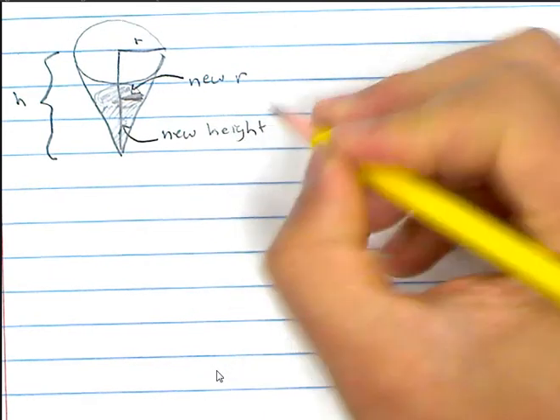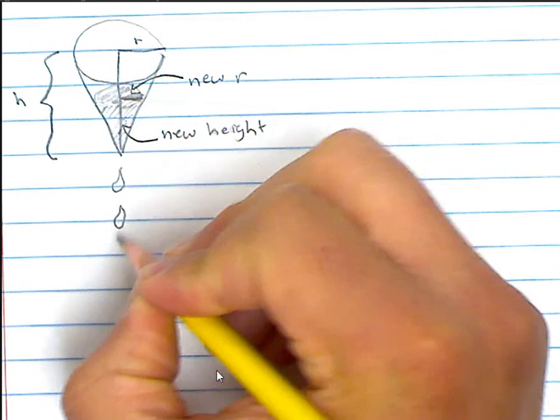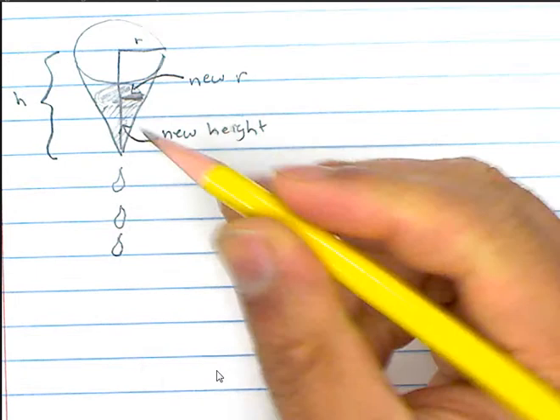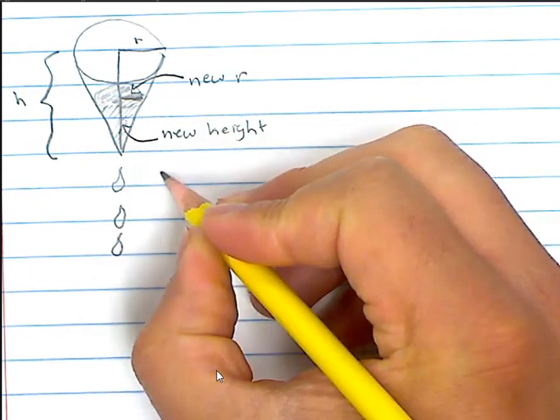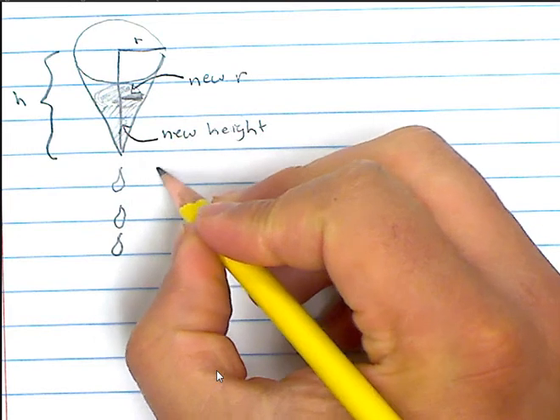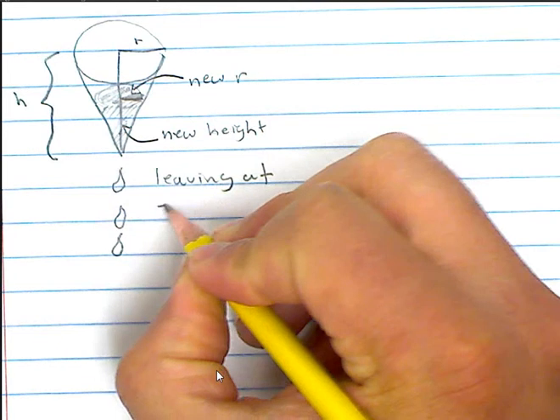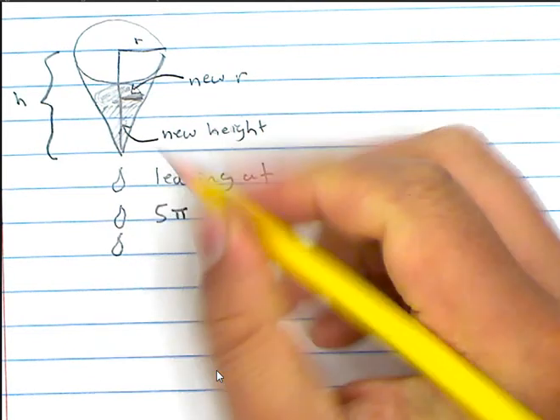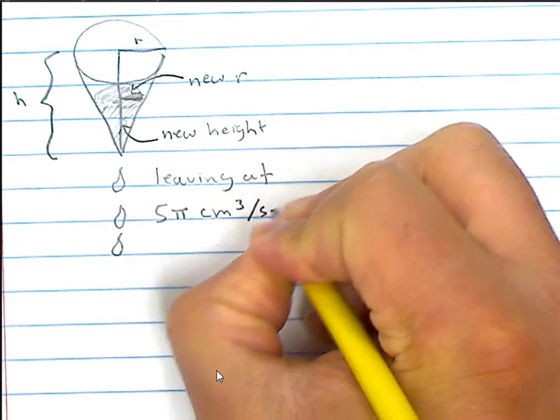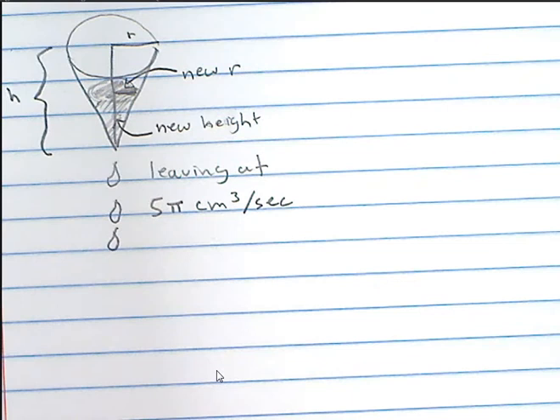And let's say that this water is leaving this cone at 5 pi centimeters cubed per second.